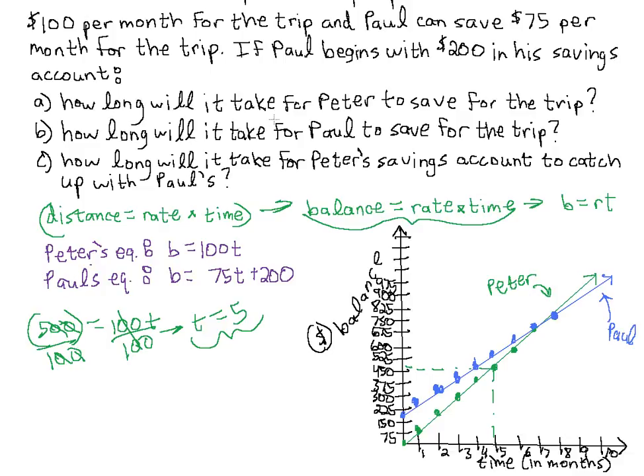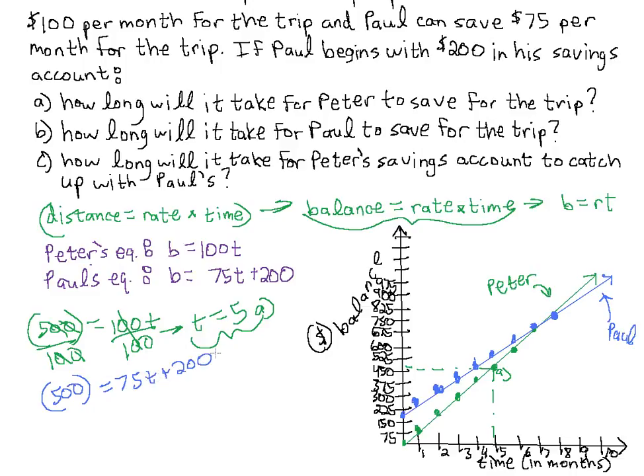Now we want to know how long will it take for Paul to save for the trip. This is A. This is the point A that we're looking for. So Paul's equation, we want to know when this side equals 500, when its balance is 500. All right, so 500 equals 75t plus 200.